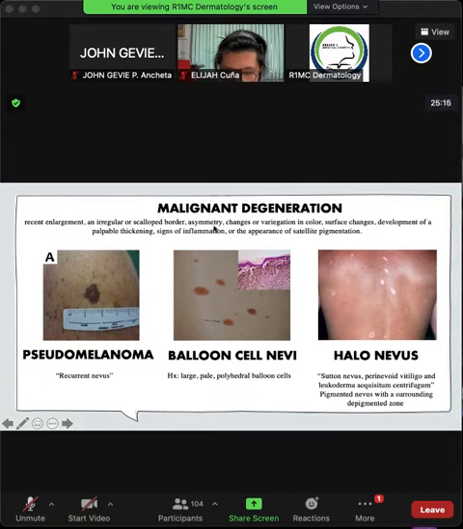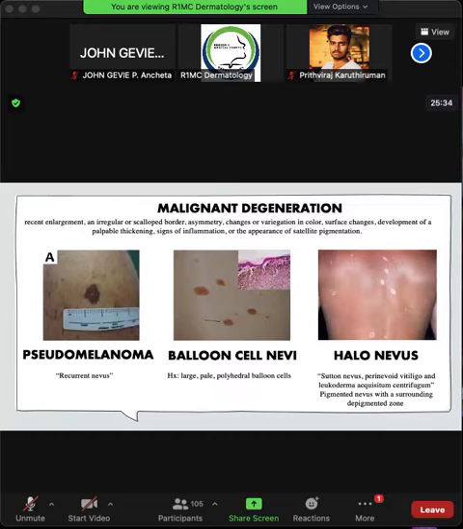There is asymmetry with changes or variegation in color, especially red, white, or blue. So surface changes usually are scaling, erosion, oozing, crusting, ulceration, or bleeding. So we also have development of palpable thickening, signs of inflammation, or the appearance of your satellite pigmentation.